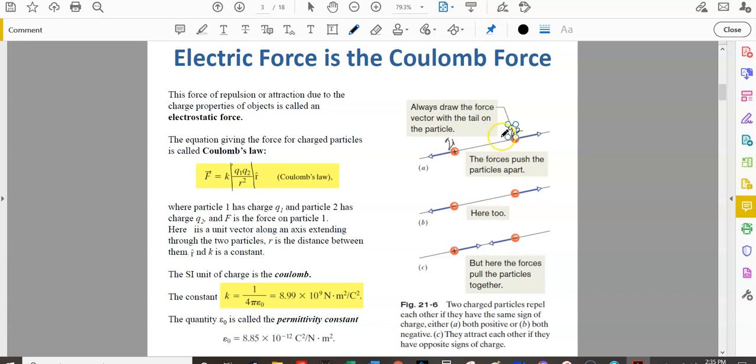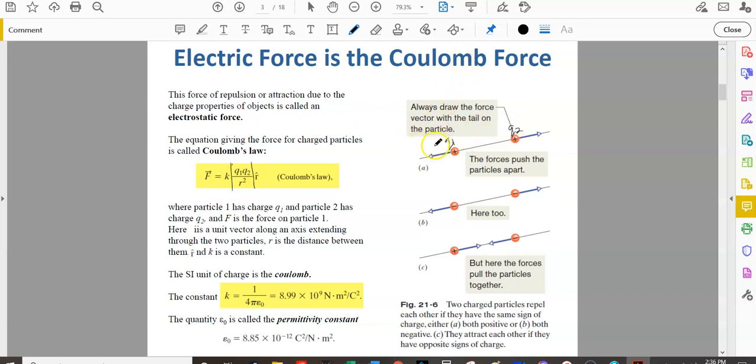Either way, it doesn't matter because forces are always equal and opposite. If Q1 is pushing on Q2, then Q2 has to push back on Q1 in an equal and opposite direction, since this is the force of their mutual repulsion or mutual attraction. So forces are always equal and opposite.